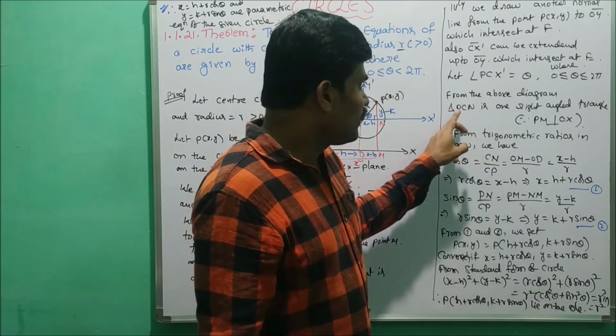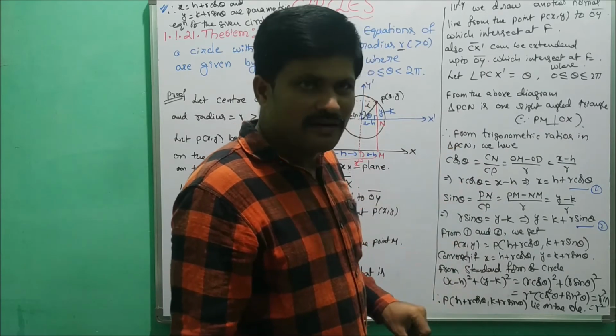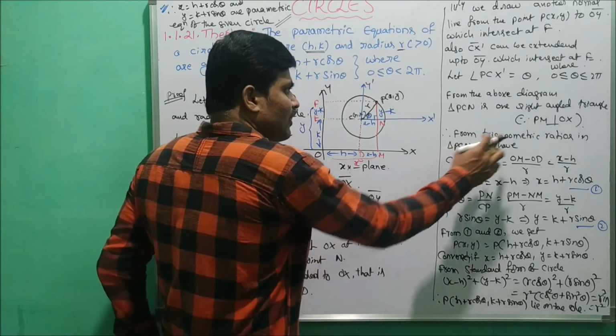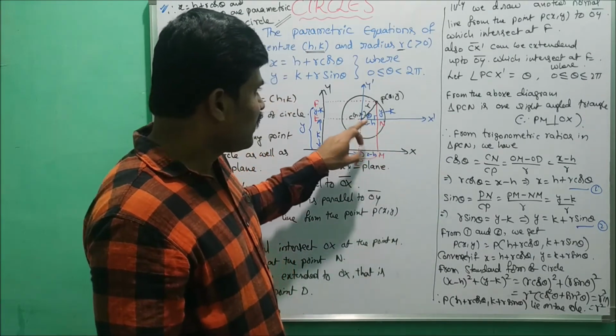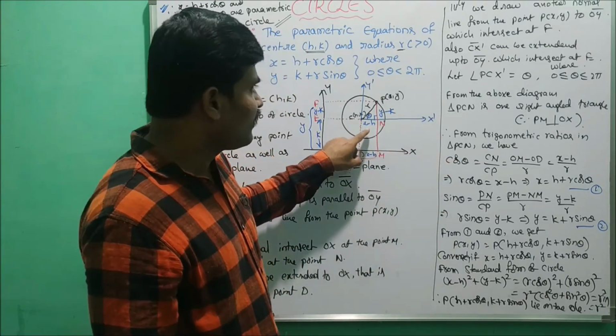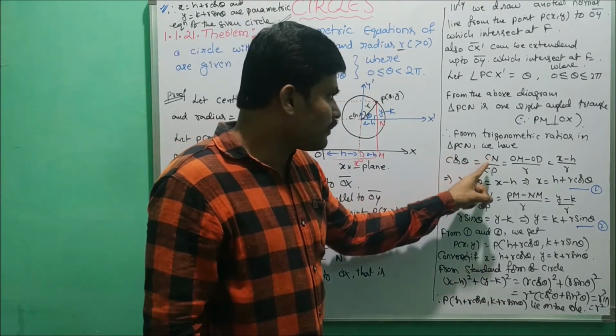So in the right angle triangle PCN we take trigonometric ratios. Now the first trigonometric ratio is cos theta. The definition of cos theta is the adjacent side to theta by the hypotenuse, that is CN by CP.